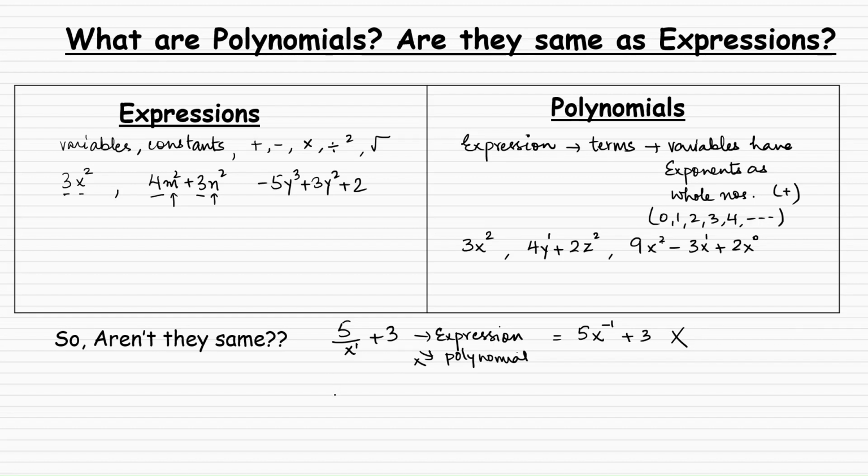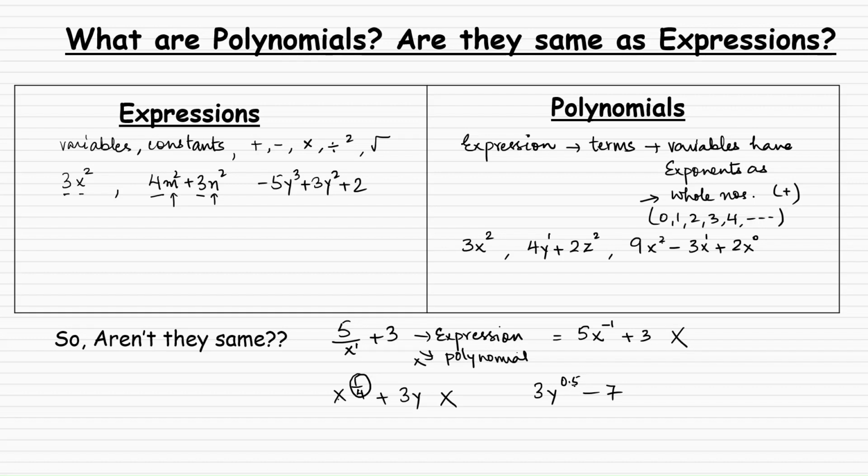Let's take a few more examples. If I write x to the exponent 1/4 plus 3y, the exponent of x in this case is fractional. I just want whole numbers as the exponents. No fractions, no negatives, no decimals. So this is again not a polynomial. Is this an expression? It is an expression. If I write 3y to the exponent 0.5 minus 7, is this a polynomial?